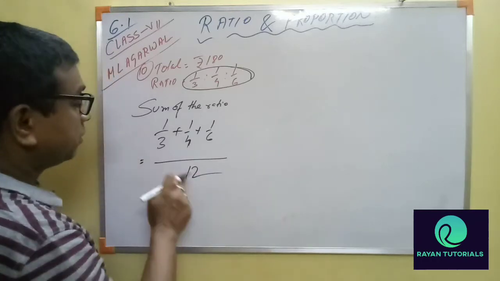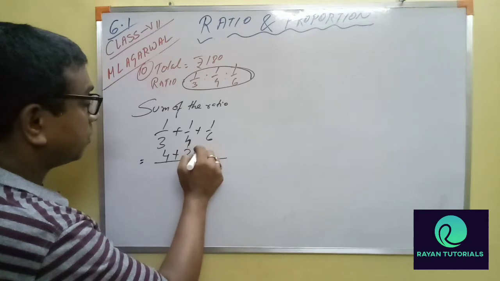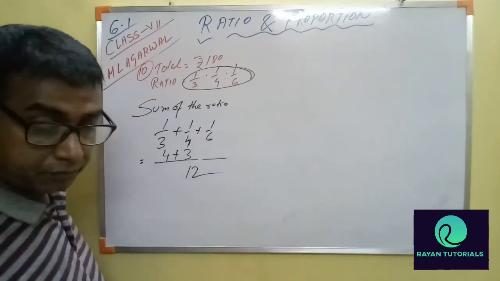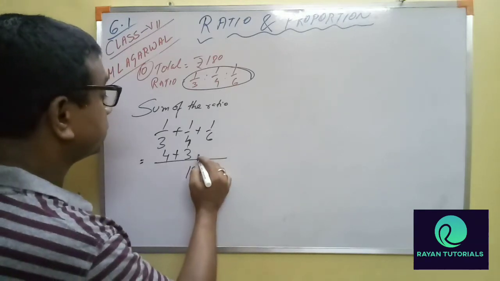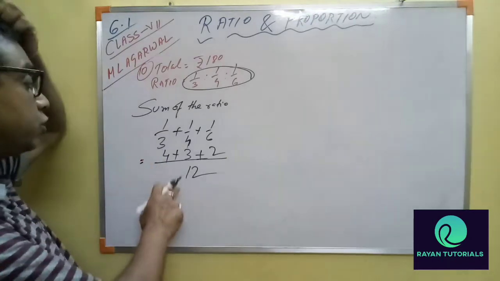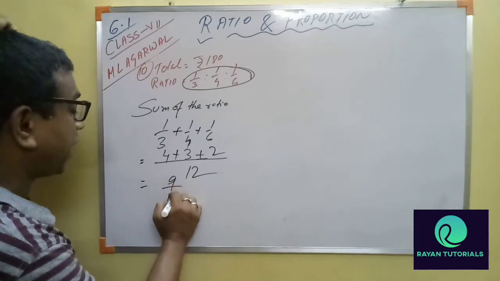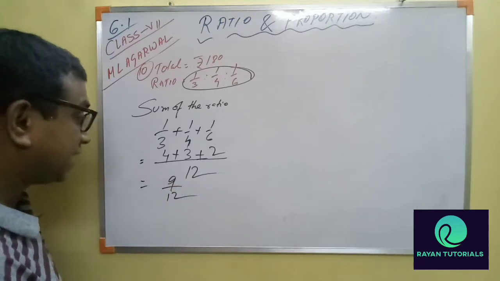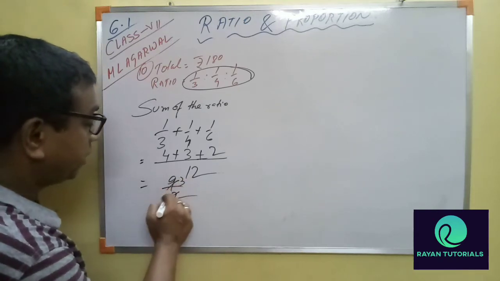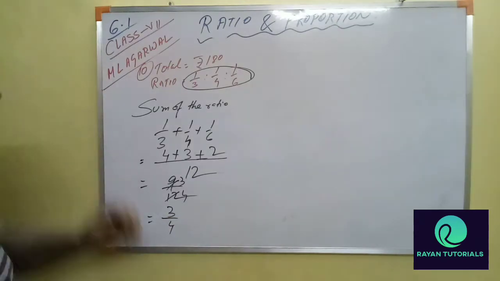LCM 12. 3 4s are 12, 4 3s are 12, 6 2s are 12. This gives you 9 by 12: 4 plus 3 is 7, plus 2 is 9 by 12. Reduce it by 4, it equals 3 by 4.